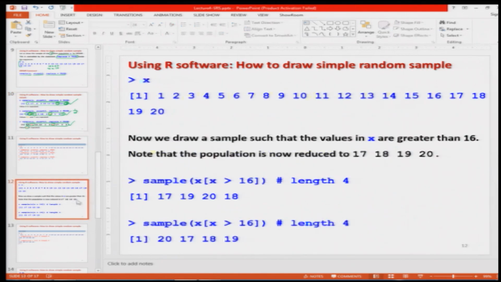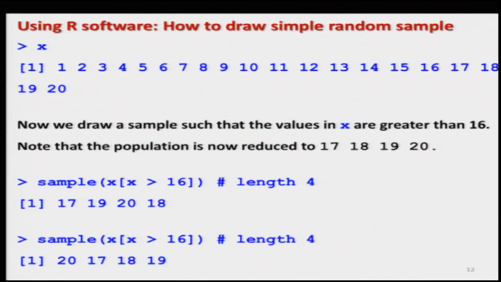Right. Now, I try to address one more issue. That is a very simple thing, but that is possibly the need in data science. Suppose you have a big data set and you want to select some specific values.